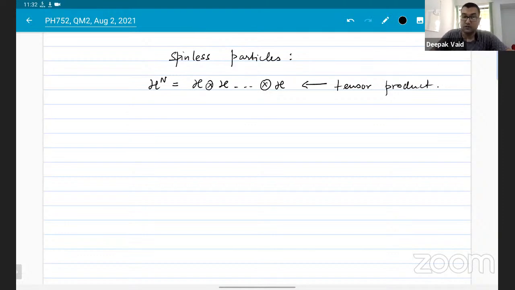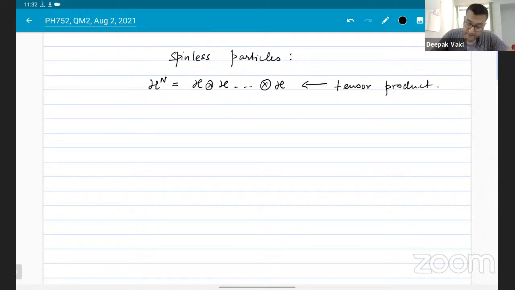Now, what is the form of states in the tensor product space? Again, this is something that I covered in some detail in the first semester. So I expect you all, if you have forgotten, to please go back and jog your memories, read through the notes, okay? But I'll remind you a little bit.